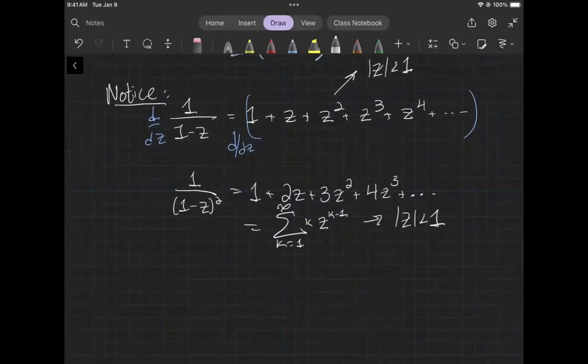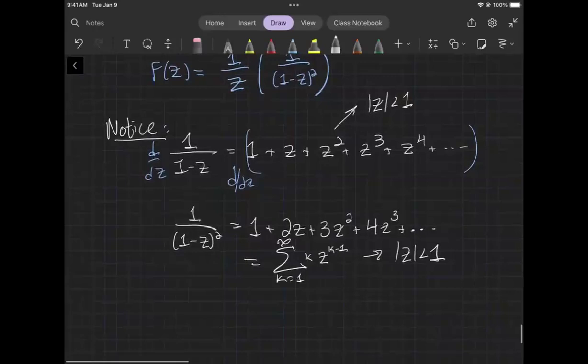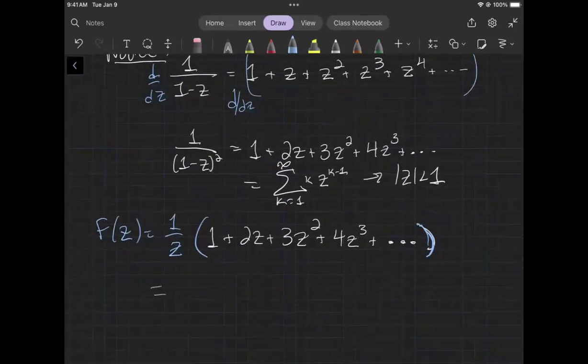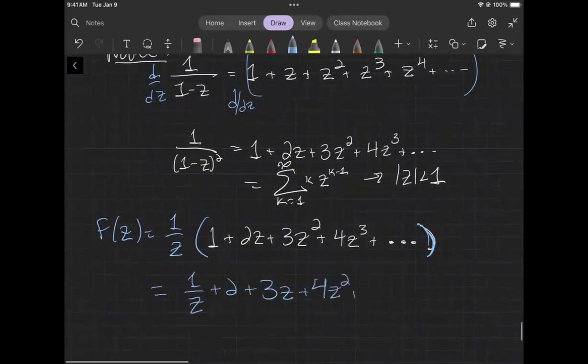So we can write out f of z as 1 over z times the sum 1 plus 2z plus 3z squared plus 4z cubed plus so on. Then multiply by 1 over z, and you'll get 1 over z plus 2 plus 3z plus 4z squared plus so on.